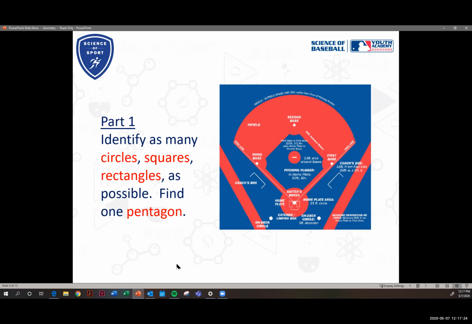To build off of what Daren was saying, it's not just triangles or pentagons, but there are also many circles, squares, and rectangles. Take a minute to appreciate from this picture how many different types of shapes exist in the typical baseball infield.